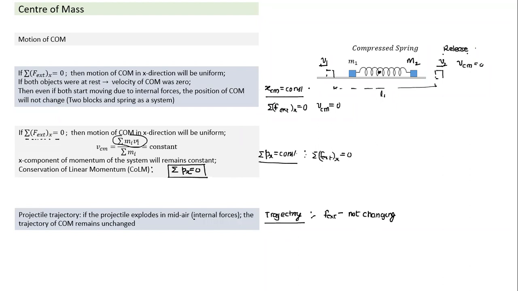In each case we will deal with a component, x component and y component separately. Momentum constant and trajectory unchanged: in the trajectory case, external force is acting. In these 2 cases, external force is not acting. Here velocity is also 0, here initial velocity is not 0. So these are 3 important cases of application of center of mass, and the majority of questions are related to one of these 3 things.